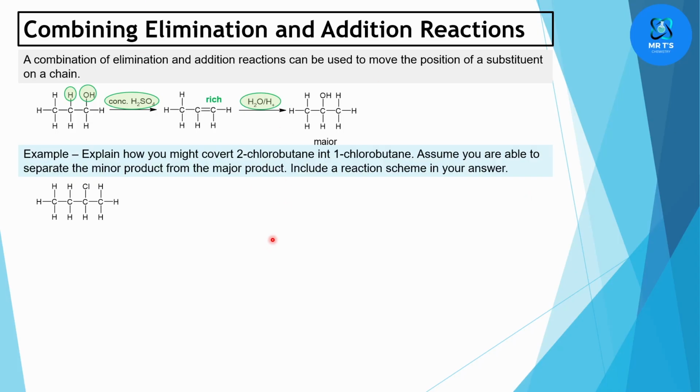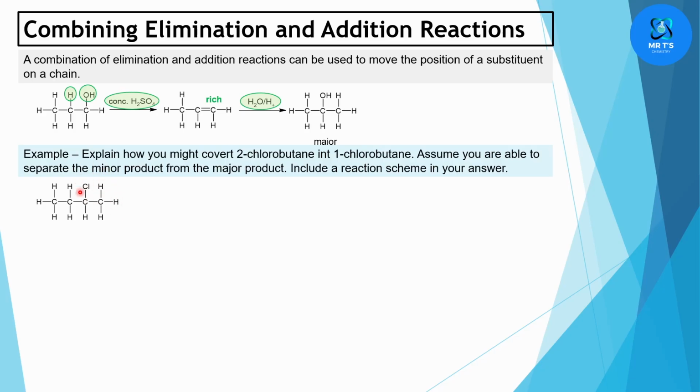I want to turn it into 1-chlorobutane, so I'm going to have to turn it into an alkene first. The alkene must have the double bond on the end in order to add the chlorine to the first carbon. So the first reaction is going to have to remove the chlorine and a hydrogen from the first carbon.